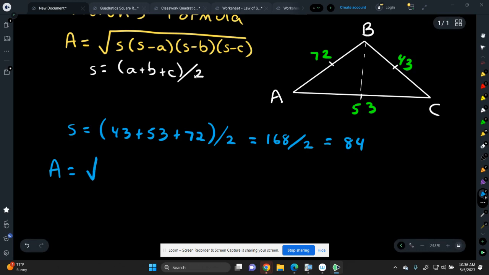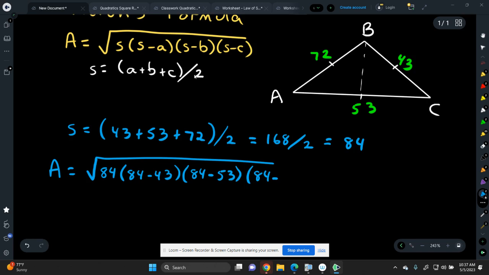So the area will be the square root of 84 times 84 minus 43 times 84 minus 53 times 84 minus 72.